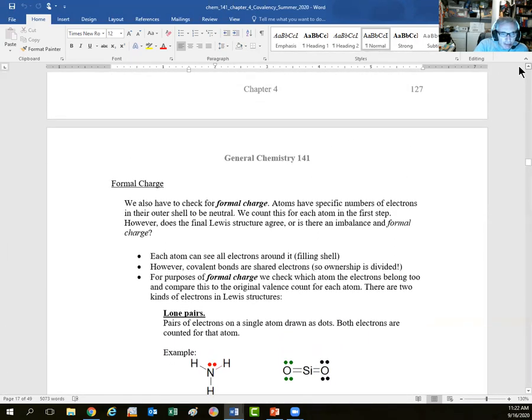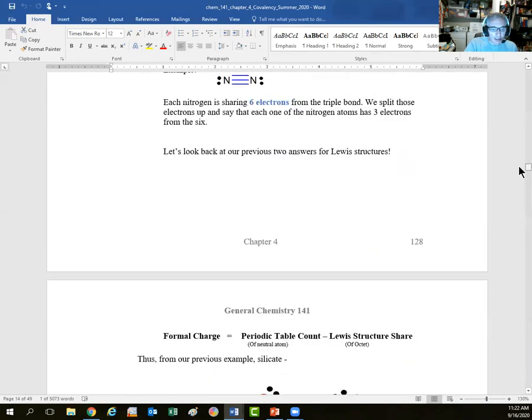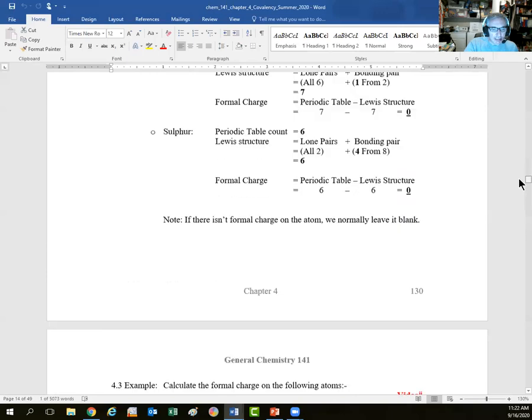But phosphorus takes that step further sometimes and is 10. Sulfur takes that step further sometimes and can be as many as 12. And chlorine can take it a step even further and be as many as 14. And we'll use the hypervalency in a Lewis structure to get rid of formal charge on the hypervalent atoms themselves. So they're the only examples we'll look at where there's a breaking of the octet rule.